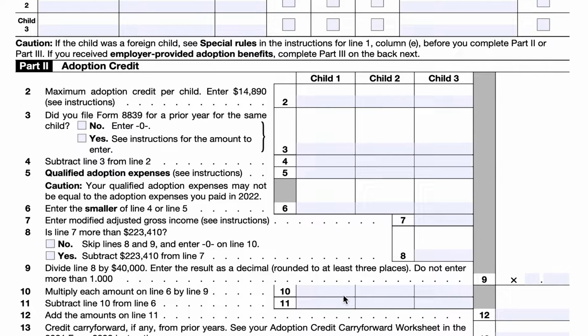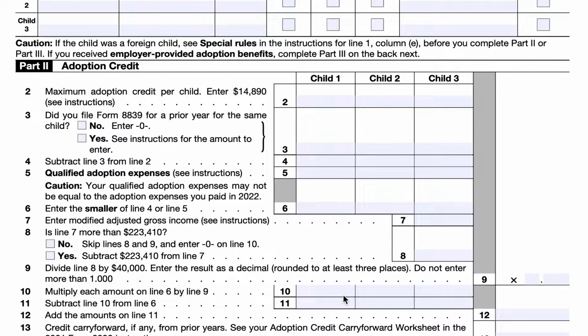For line 5, this is your qualified adoption expenses. You may need to see the instructions for special rules if you paid expenses in connection with the adoption of an eligible foreign child.